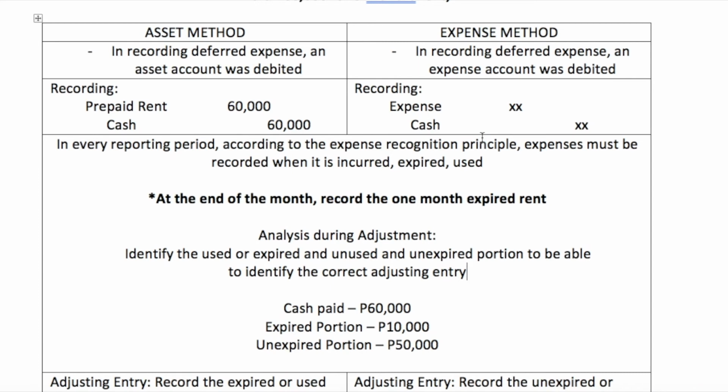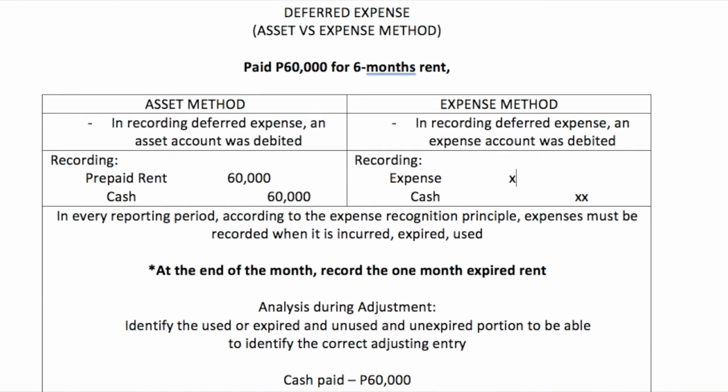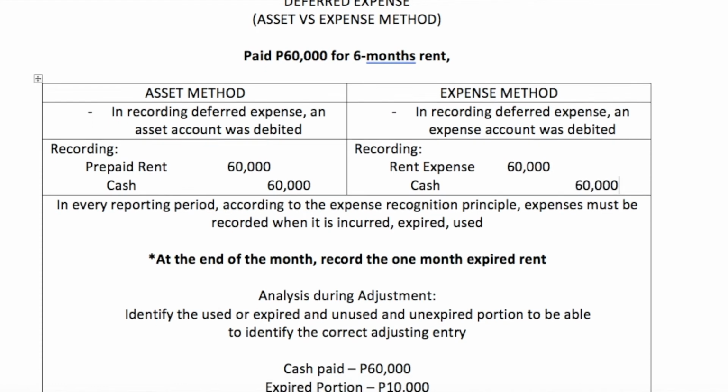Okay, so comparing it now with the expense method. Under the expense method, in recording deferred expense, we debit expense instead of the prepaid asset. So in the problem, this would be debit rent expense, 60,000, then credit cash, 60,000.